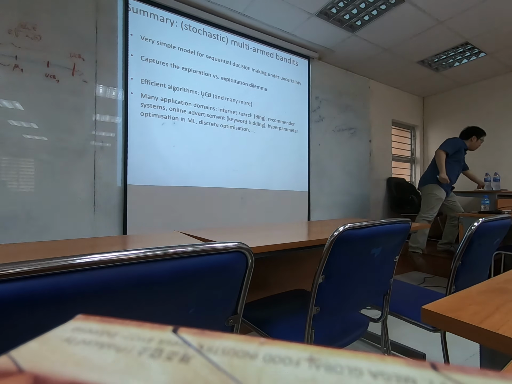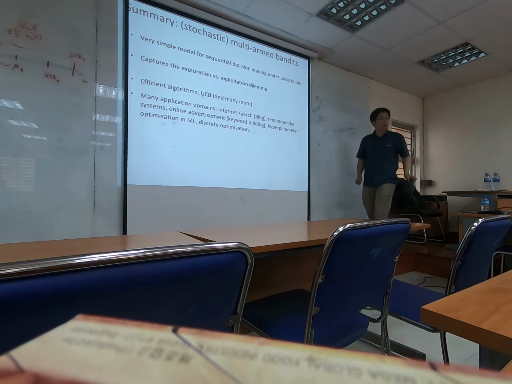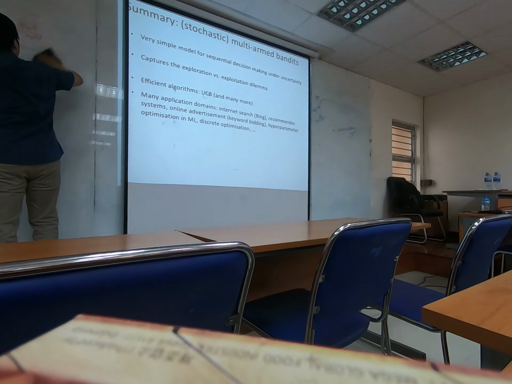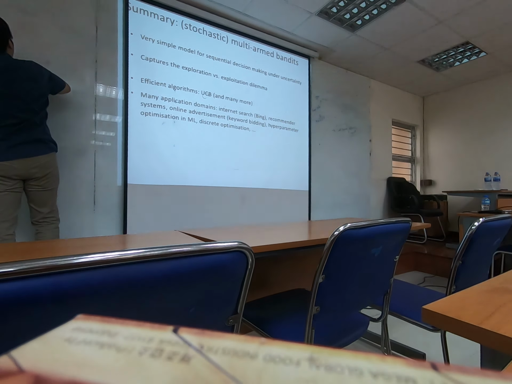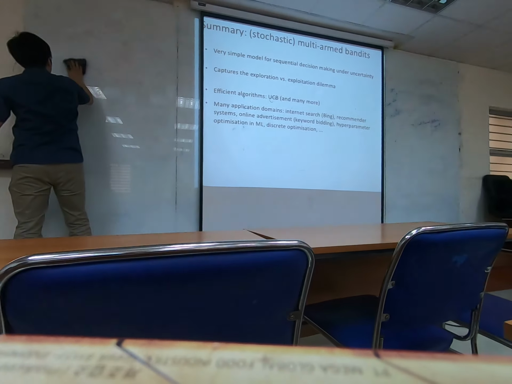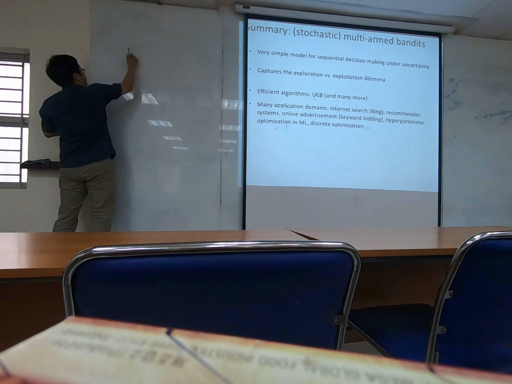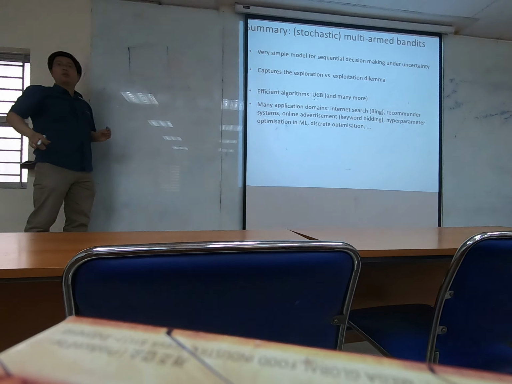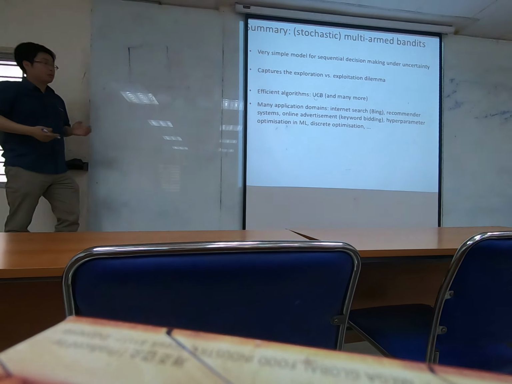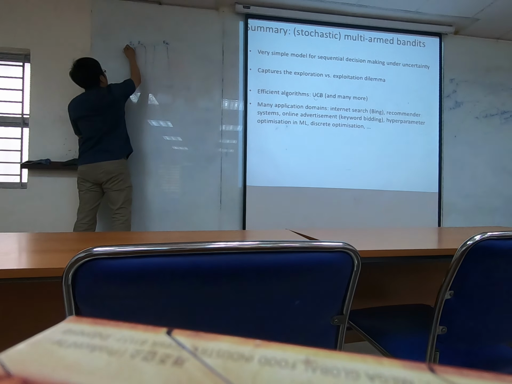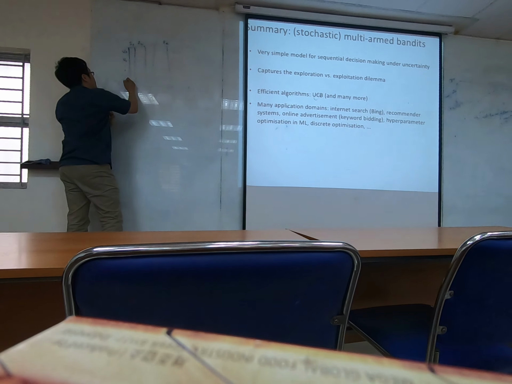Okay. So think about collaborative filtering. Are you familiar with collaborative filtering? Okay. So you have items here. Item 1, item 2. You have user 1, user 2, user n.